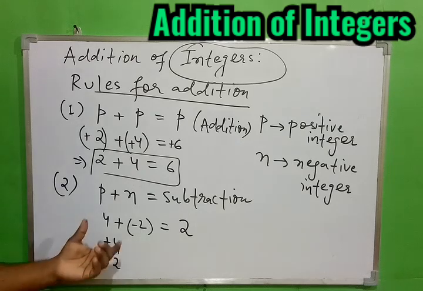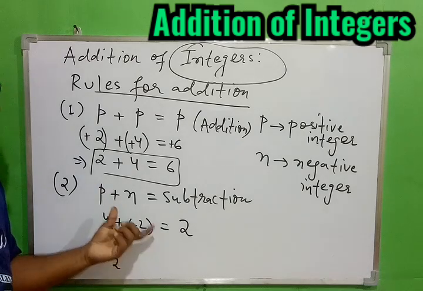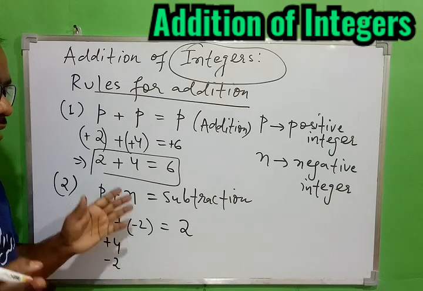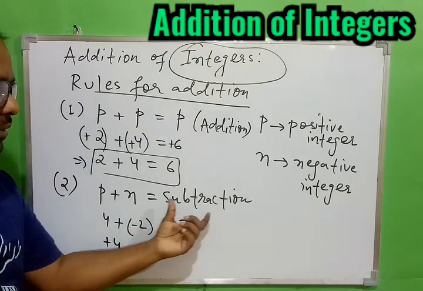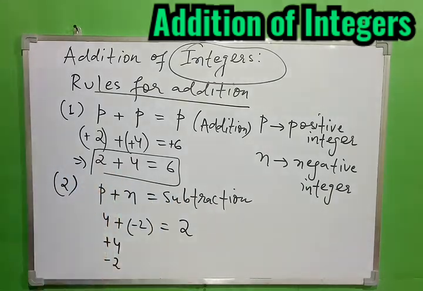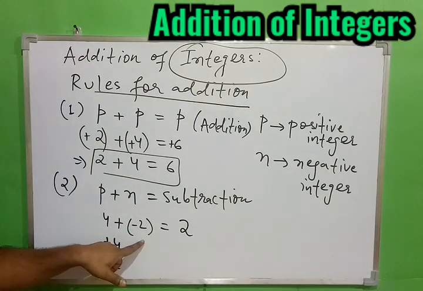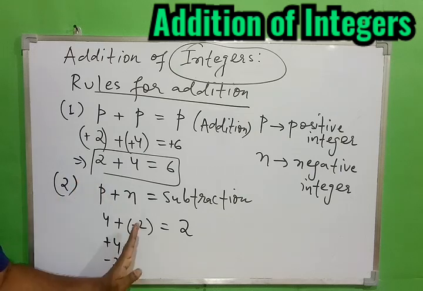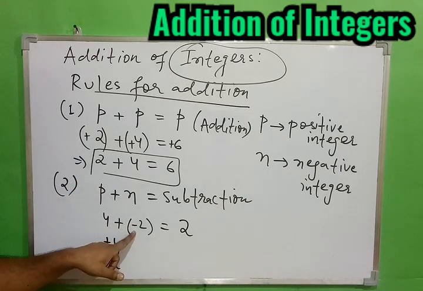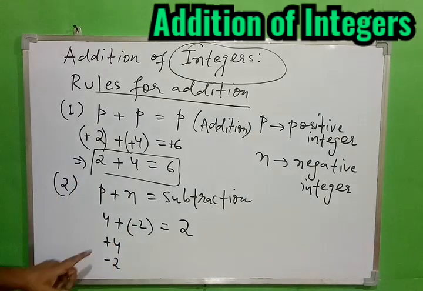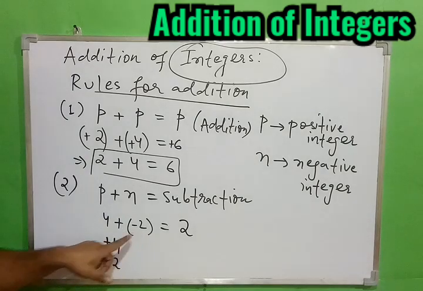I am repeating again: when we have a positive and a negative integer with a plus sign in between, meaning they are to be added, what is to be done? We have to do the subtraction. Second thing, after doing the subtraction, we have to see which of the two integers is greater, that is 4 and 2. Don't look at the sign now, just 4 and 2. 4 can be written as plus 4, and minus 2 is minus 2.